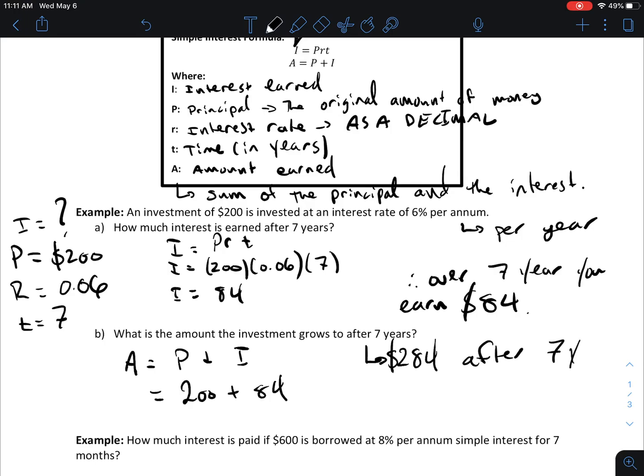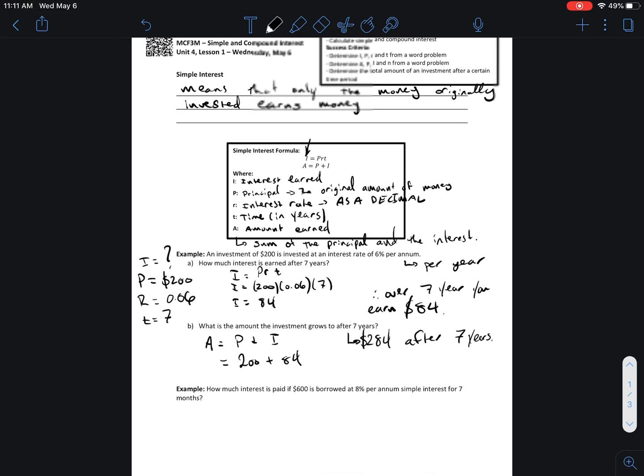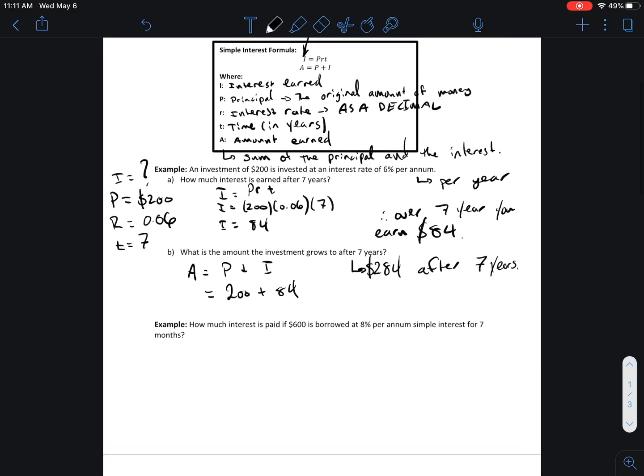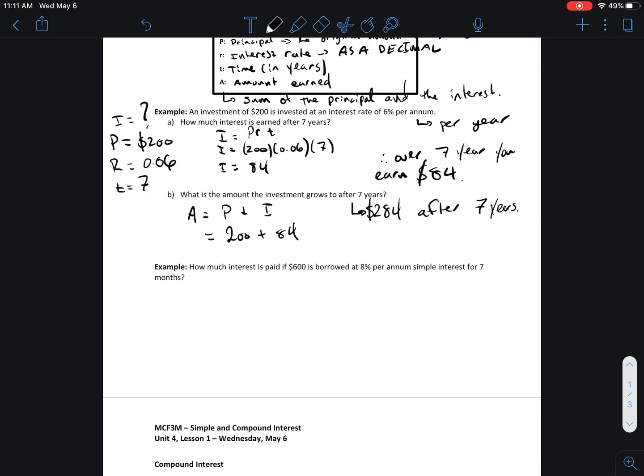Your total, this is how much money you can take out of the bank, is going to be $284 after 7 years. Not great.